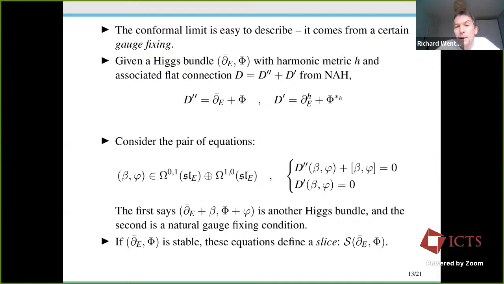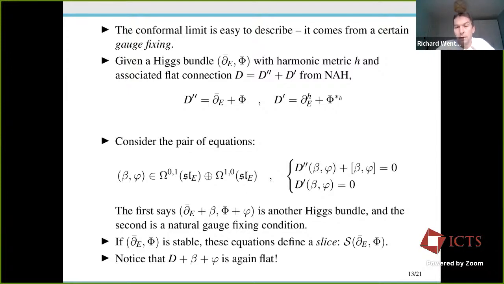But because of this very nice choice of gauge, in fact, there's a natural parameterization of flat connections at the same time, by doing the most trivial thing, namely just taking the original flat connection here and adding these two. So the same slice gives you a local coordinate both in the Dolbeault and the de Rham moduli space.